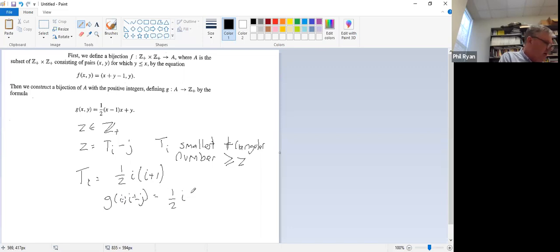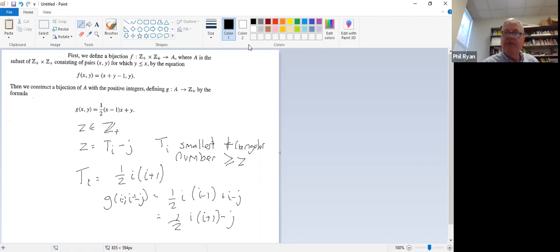So we've got Ti times I minus 1 plus I minus J. And then that equals a half I plus 1 minus J. And so using that, we can define an inverse for G and show that it is indeed a bijection. Okay.